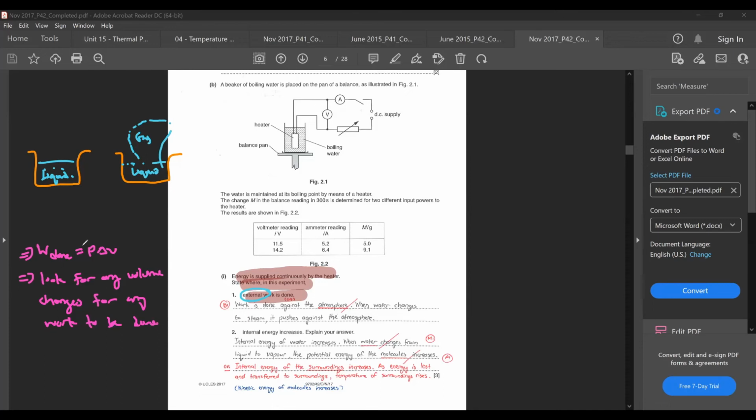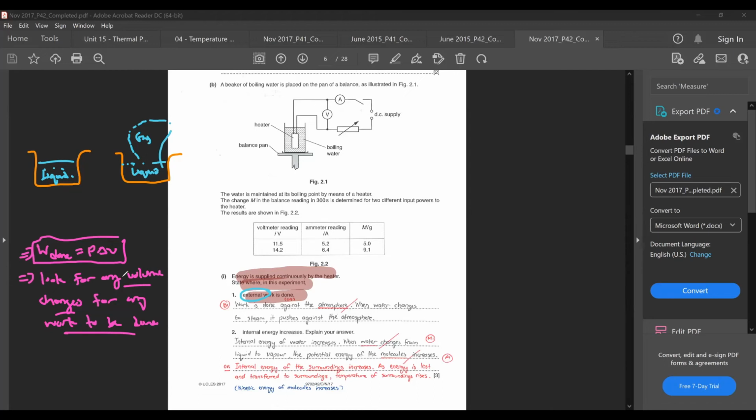Because work done is pressure times change in volume, if you want to see whether work is done, you just look for any volume changes. So coincidentally, you can see from here, when you boil liquid into gas, you vaporize it, you can have changes in volume. So you have work done.